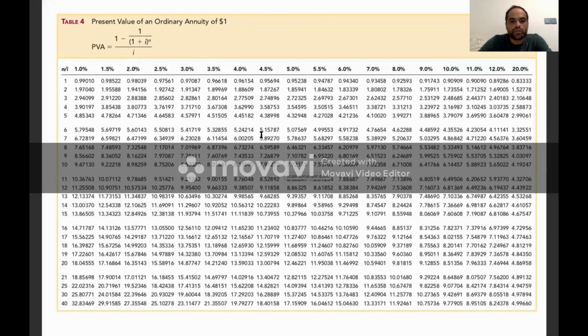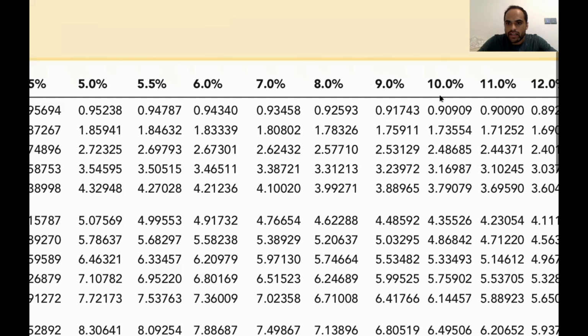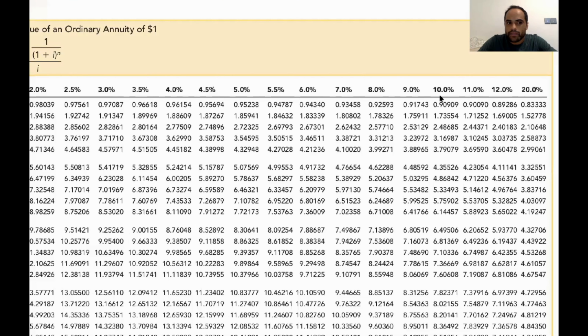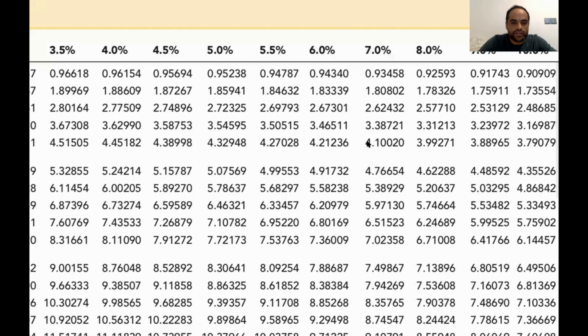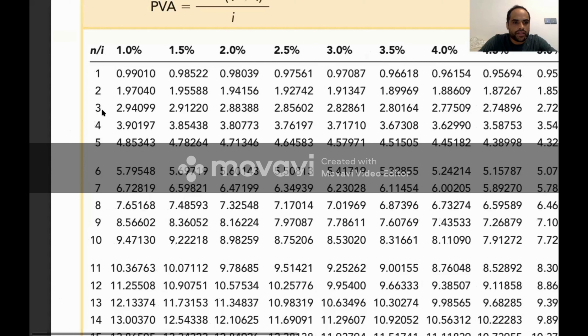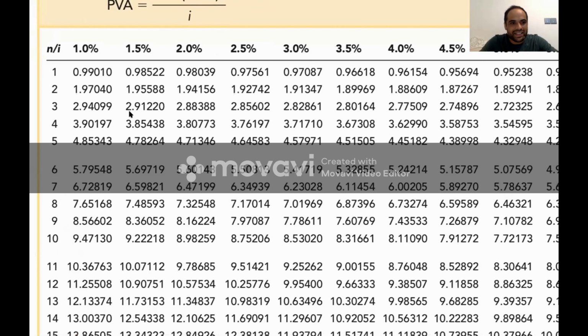what you have to do, your rate is how many percent? 10%, right? Rate is 10% here. I hope you can see that, right? And the time is 3 years. So 3 years is here. Time is 3 years. So you just keep going to match 3 with 10.